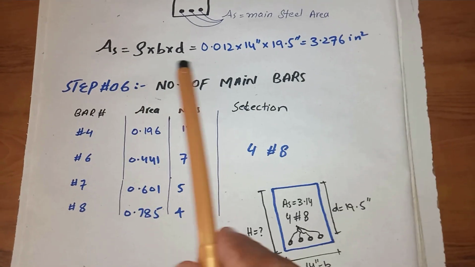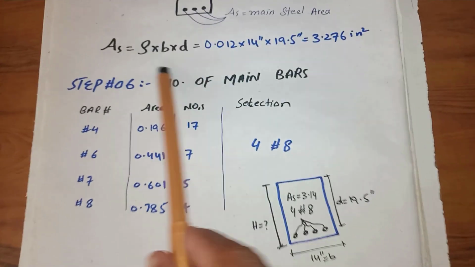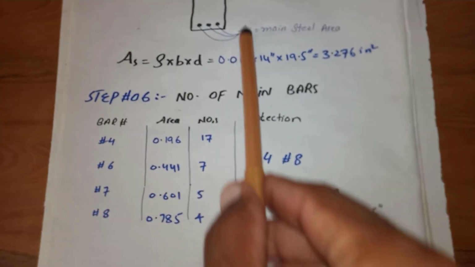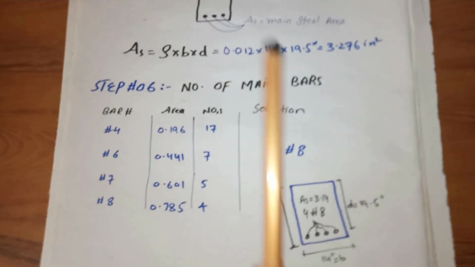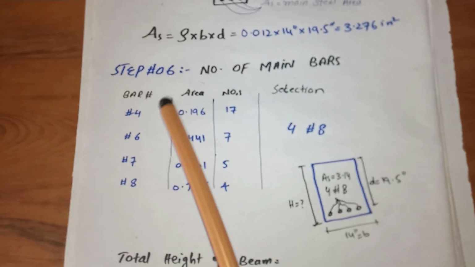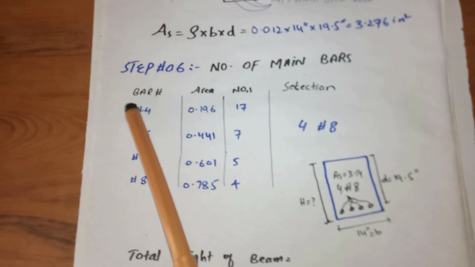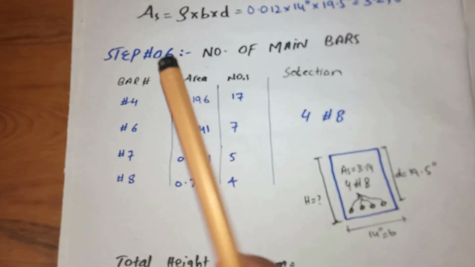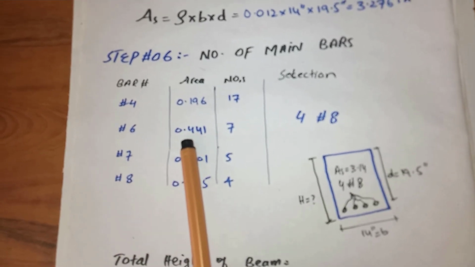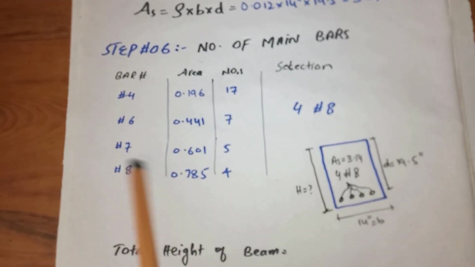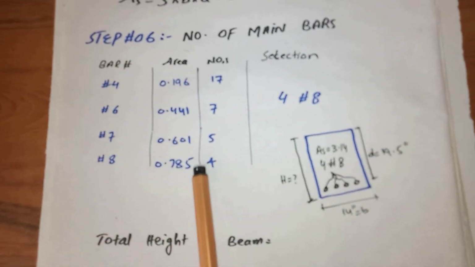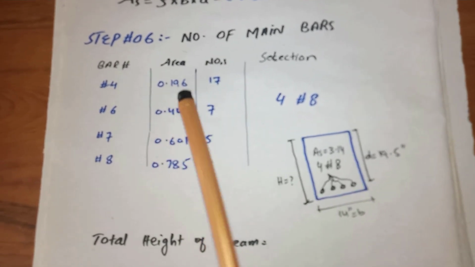Now, so far we have calculated the area of steel. Now we have to calculate the number of main bars, that is, how many bars are required in this section. So we have this from the ACI tables, that bar number 4, its area is 0.196, and for number 6 bar we have area of the bar 0.441, number 7 we have 0.601, number 8 we have 0.785 in inch square.